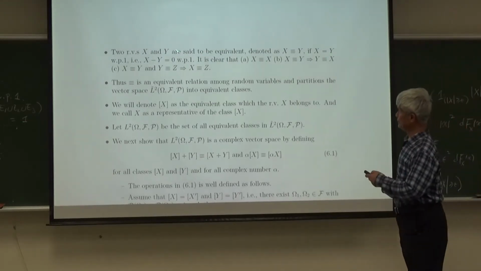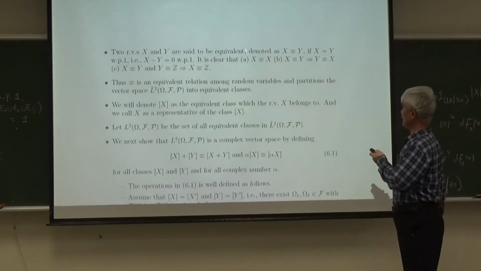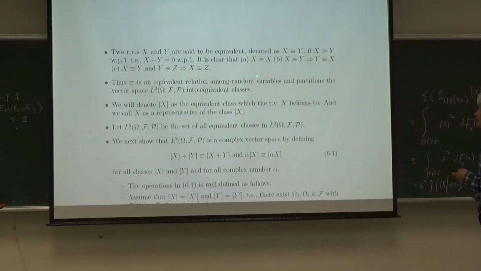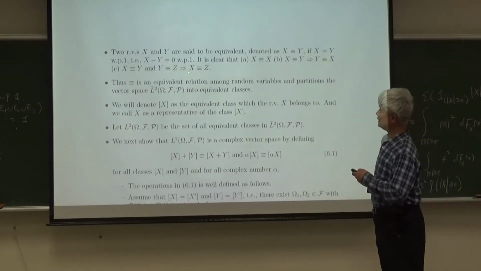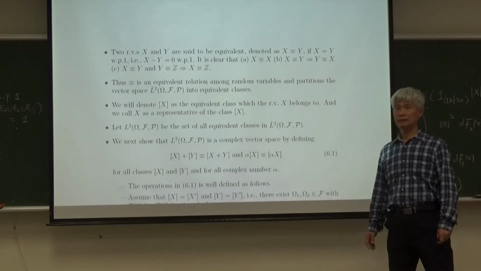And you can see that X is equivalent to itself, so it has the reflexive property. And if X is equivalent to Y, then Y is equivalent to X, of course. And if X is equivalent to Y and Y is equivalent to Z, then X is equivalent to Z, by transitivity.